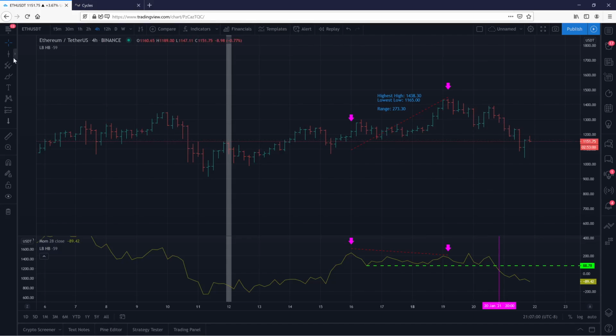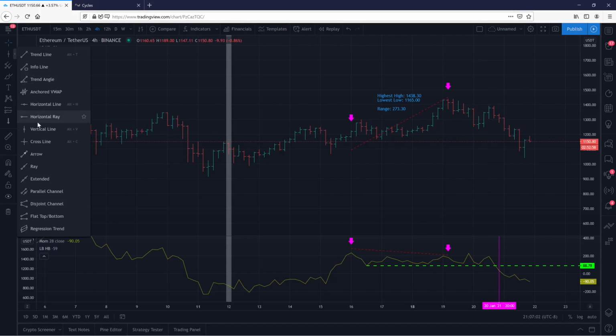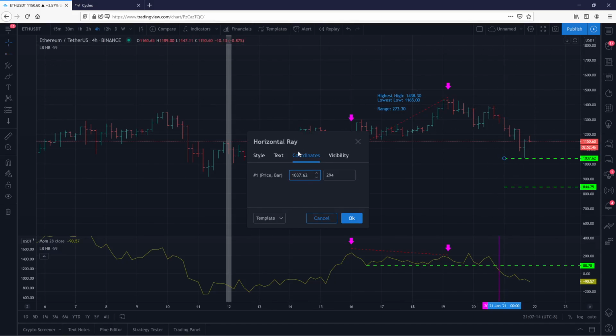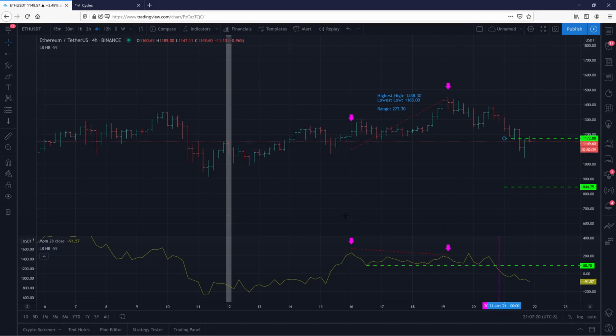So entering in our short on this bar, we have two targets to buy. First target being half the range. Second target being the full range.